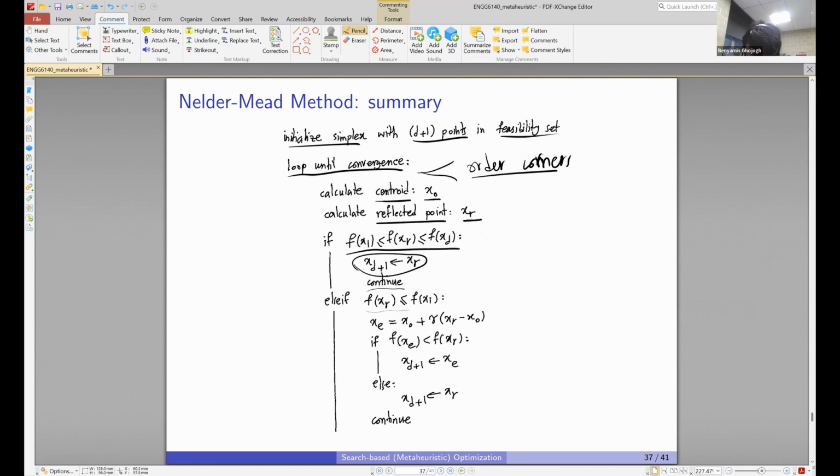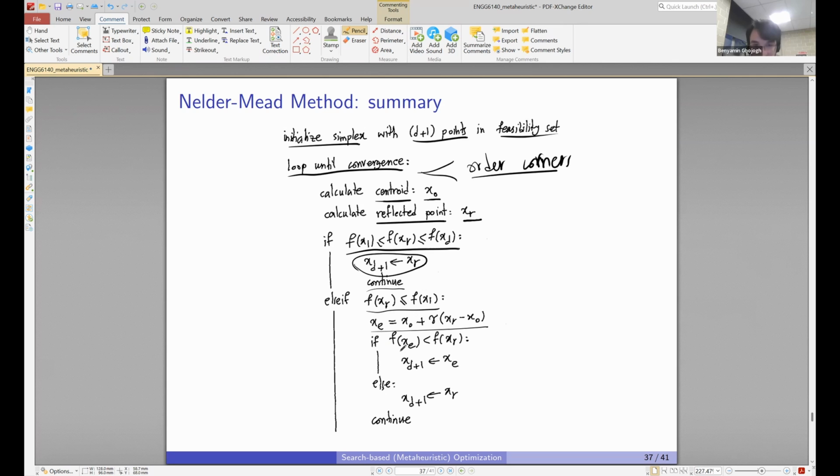So if f of xr is less than or equal to f of x1, it means that it's better than all of the corners. Why? Because it's better than the best corner, so it's better than all of the corners. Then calculate the expanded point.